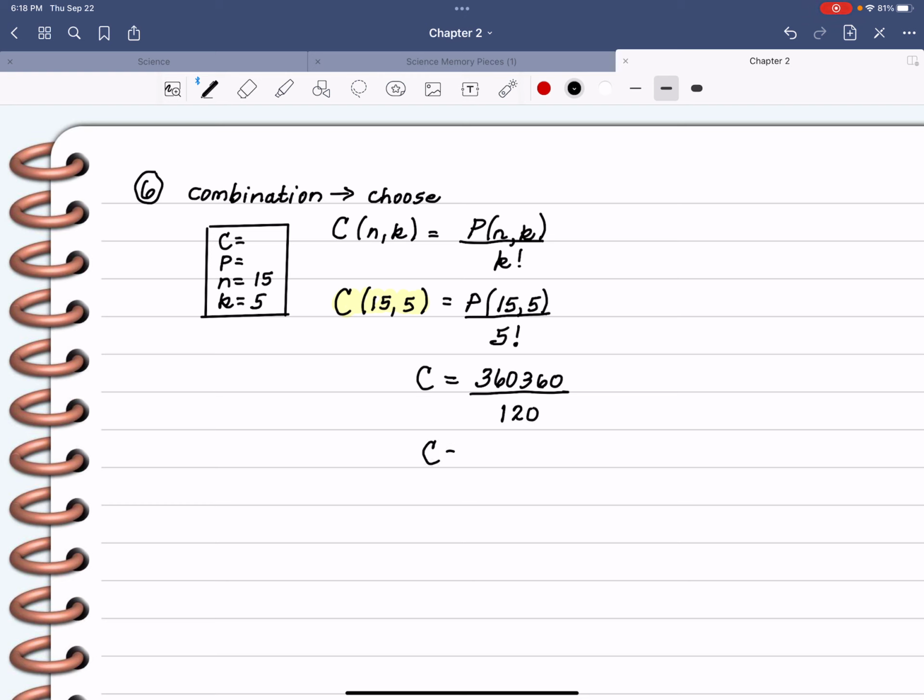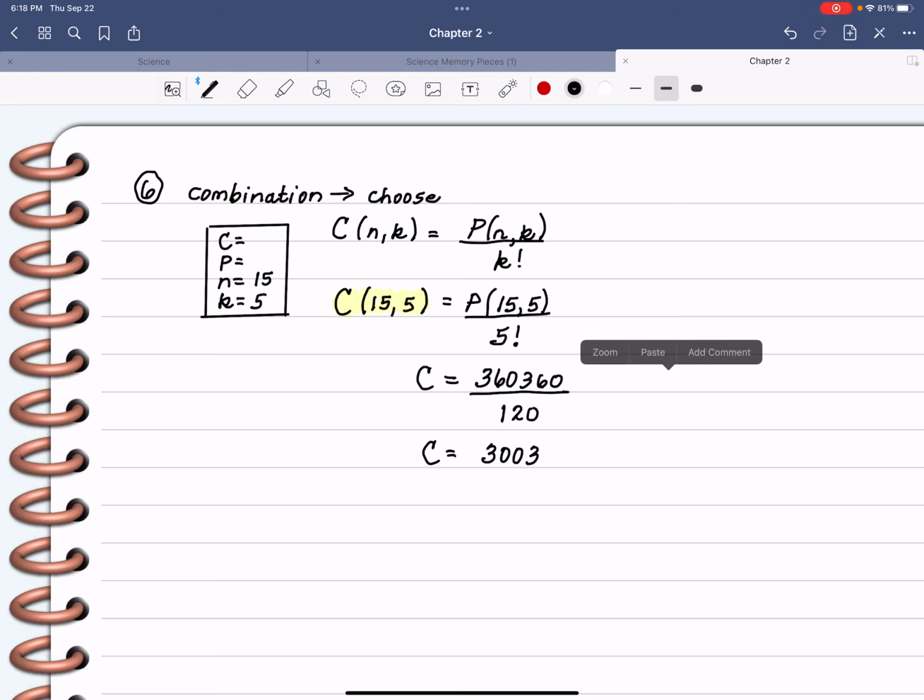So the combinations would be 360,360 divided by 120, and that is 3003. But the answer for us is right here.